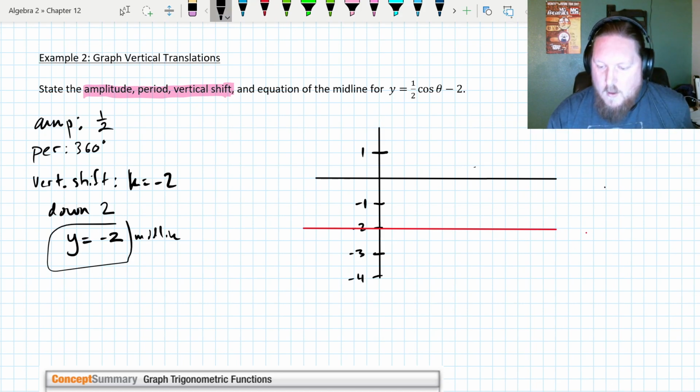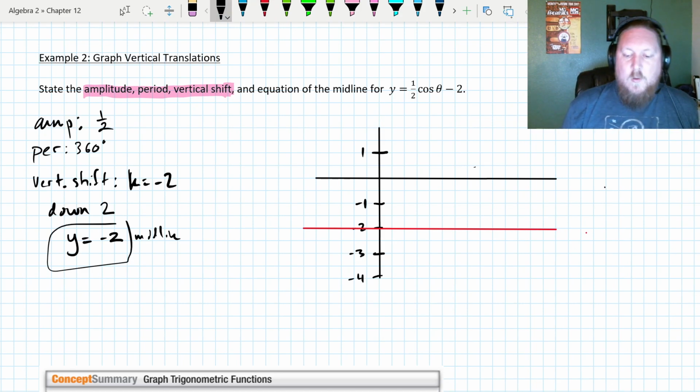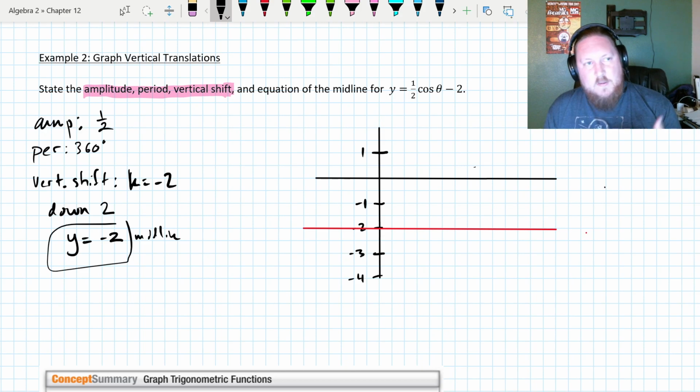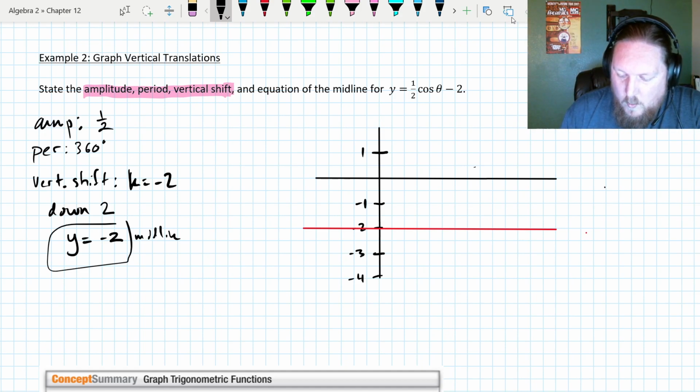Now, just like before with cosine, we want to find where 1/4 of the period and 3/4 of the period are, because those are our roots. So 1/4 of 360 is 90, and then 3/4 of my period of 360 is 270.